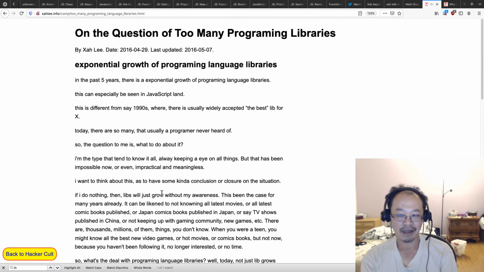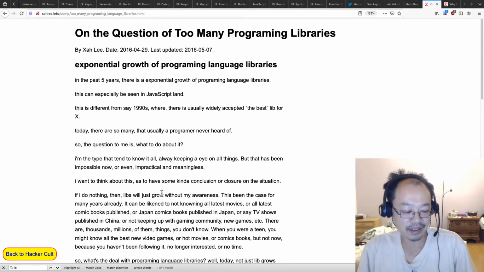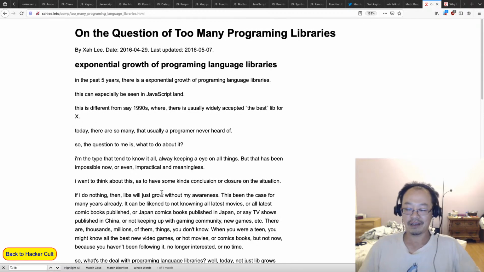This article is written from a philosophical point of view, looking at humanity. One endeavor of human animals is programming. The programming activity, and there exists this thing called libraries, right? Libraries existed long ago, like 40 years ago.